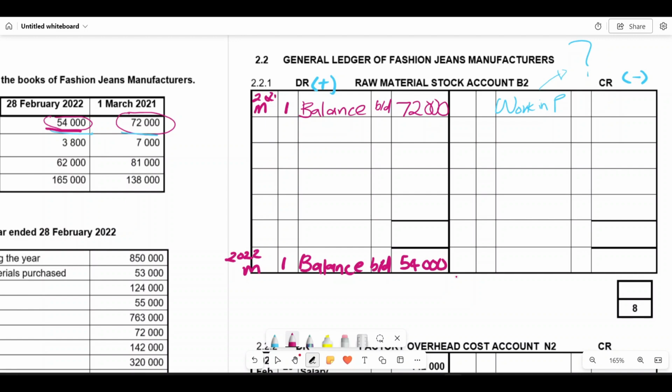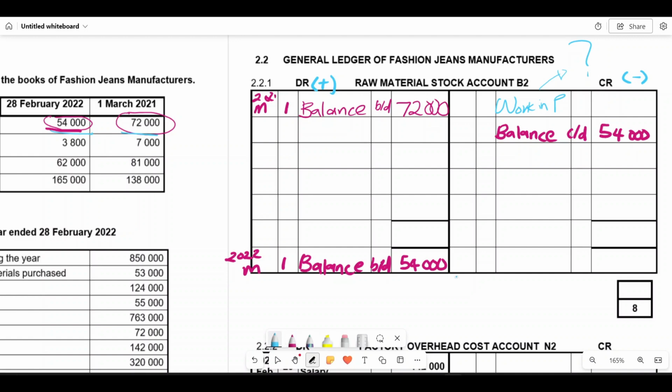And remember, before a balance is brought down to the next day, it first must be carried down on the corresponding credit side in this instance. So here, my balance carried down, it's going to be the same amount, which is 54,000. Now, remember, your work in progress will be your balancing figure in this instance.